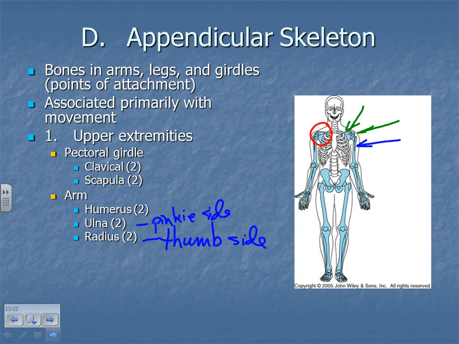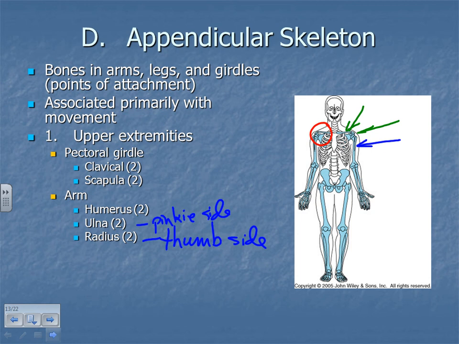Radical radius. But the basic way to remember it, so 21 is going to be the radius, 22 is going to be the ulna. But if you rotate your forearm from side to side, kind of turn your palm up and then turn your palm down, you'll notice your thumb bone moves around the other.